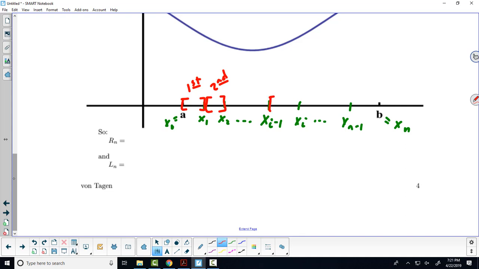This abstract interval in the middle here would be called the ith interval. And so then what will the last one be? The nth interval. How many intervals do I have? 1, 2, n. I've got n of them.